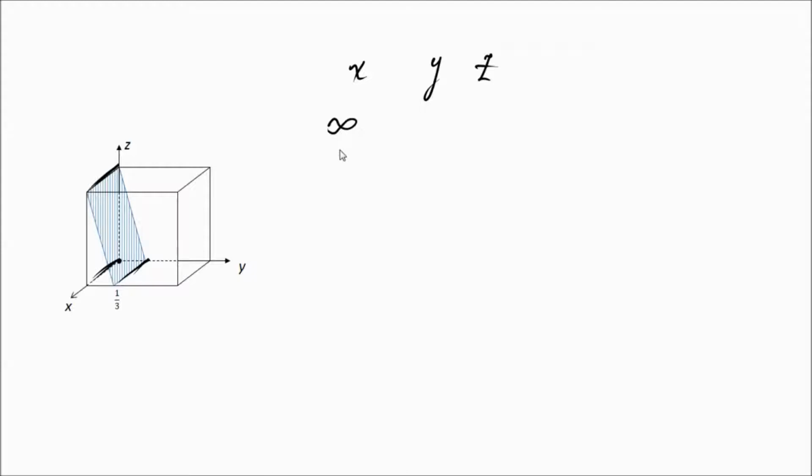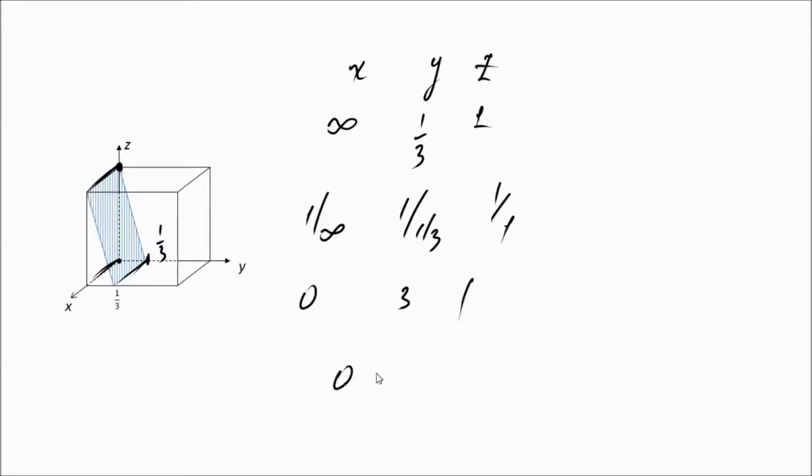Infinity, y-axis. Plane intersects y-axis here, which is 1 over 3, intersects z-axis at point 1. Take reciprocal. It will be 0, 3, 1, and enclose in a bracket.